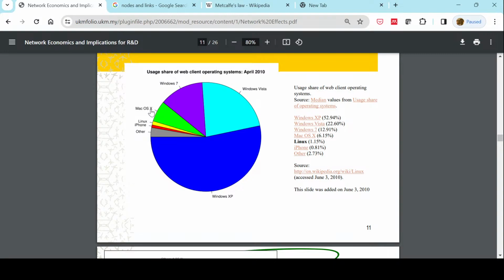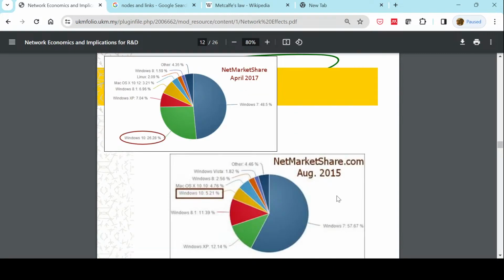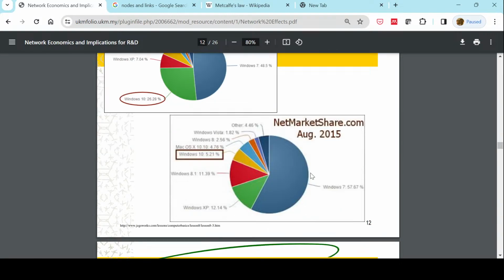So at that time, Windows XP 52, Vista, okay, there was 2010 data. 2015, Windows, whose Windows? It's Microsoft. Windows 7, Windows XP, also Microsoft. Windows 8.1. So Microsoft. Windows Vista, oh, wow, look at that.